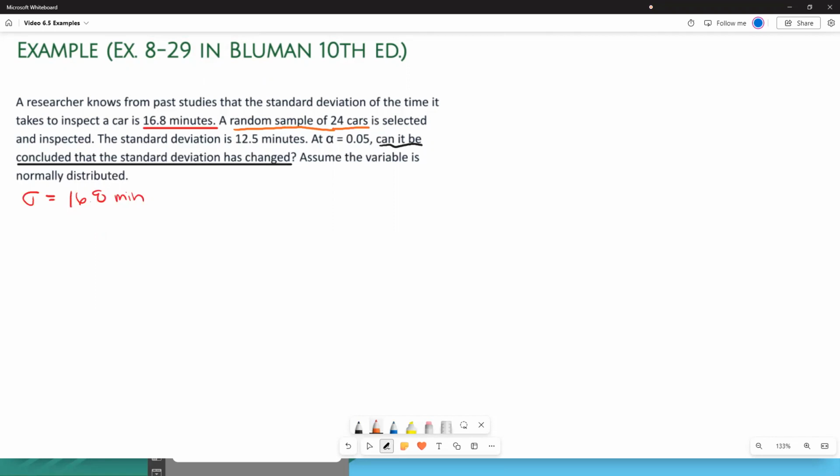That's telling me that n is 24. And then, is selected, the standard deviation is 12.5 minutes. Because that immediately follows the random sample statement, that is our sample standard deviation. So our s is 12.5 minutes. And then they do give us that alpha value of 0.05.